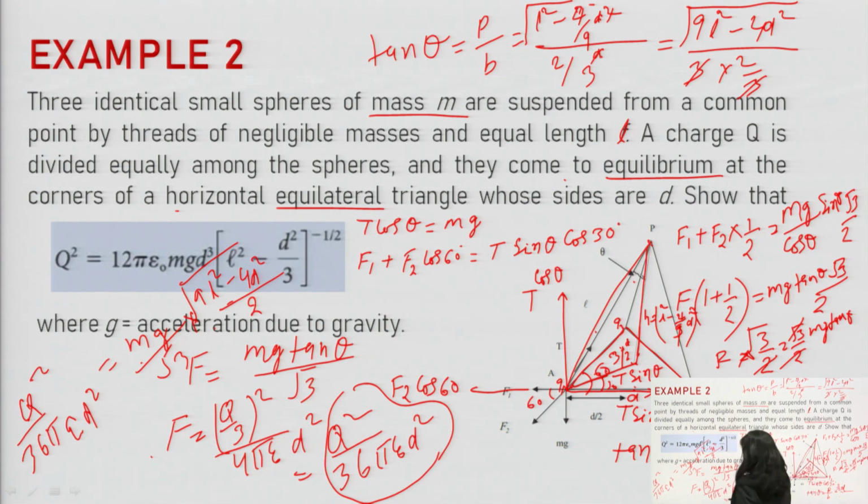After simplifying this, we can get Q square equal to, this 2 will cancel out first, then 18, and after simplifying it will give 12 pi epsilon mg D square times root of L square minus D square by 3.